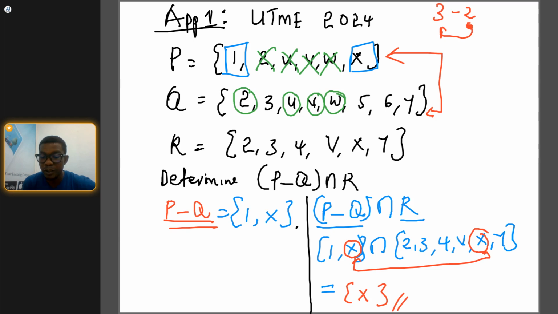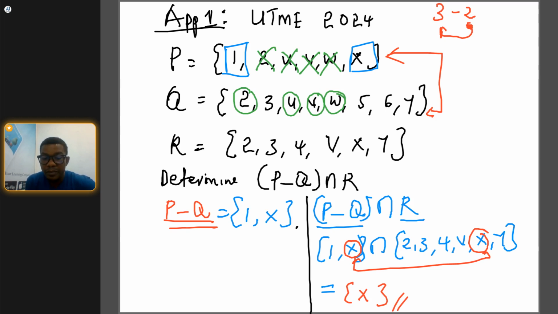Now, I want to ask a question quickly based on this. A set that has only 1 element is called what? You can drop your response in the chat box. We've discussed it in the previous class, in case you are not part of the class.